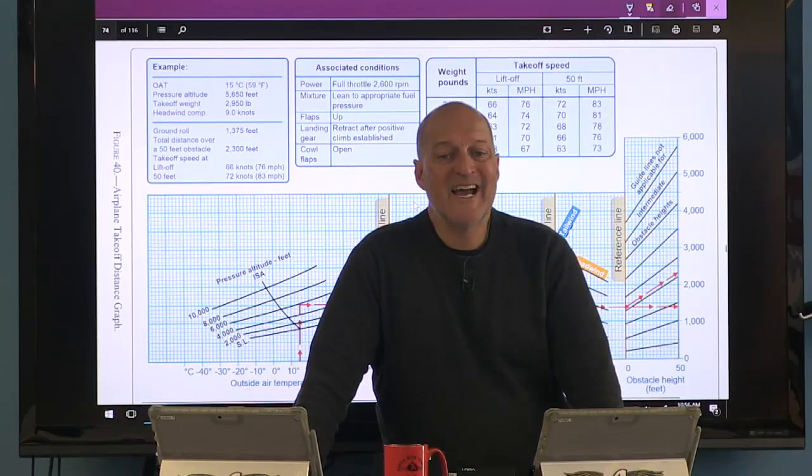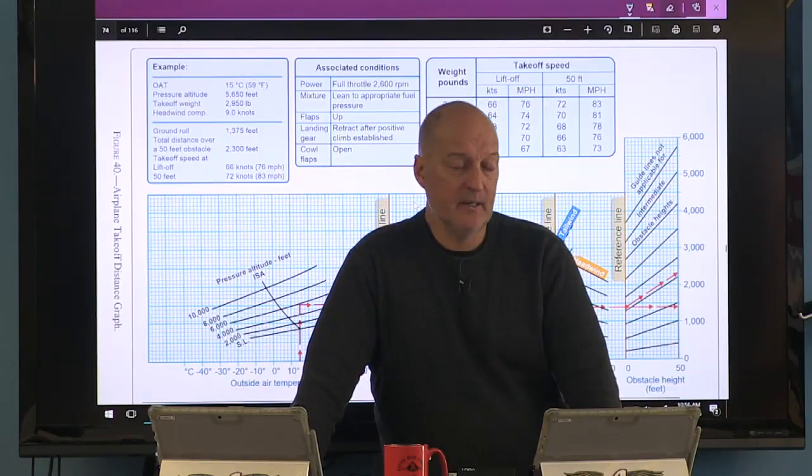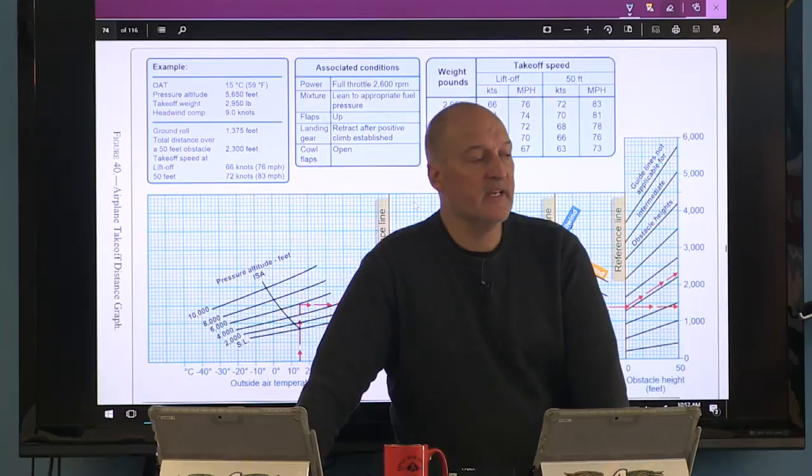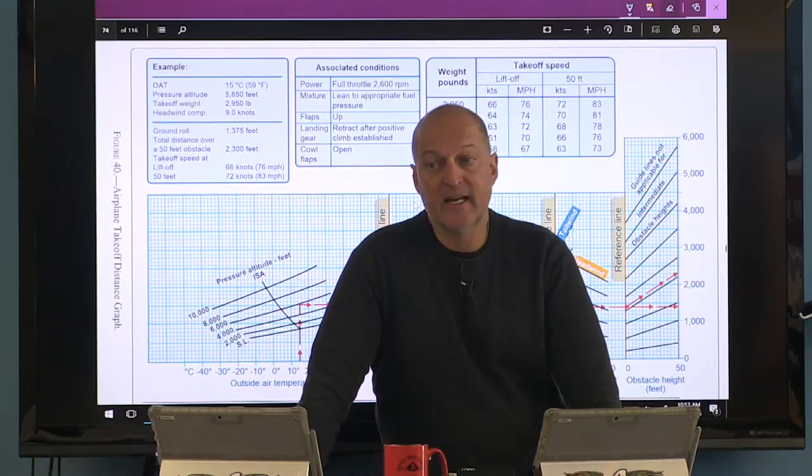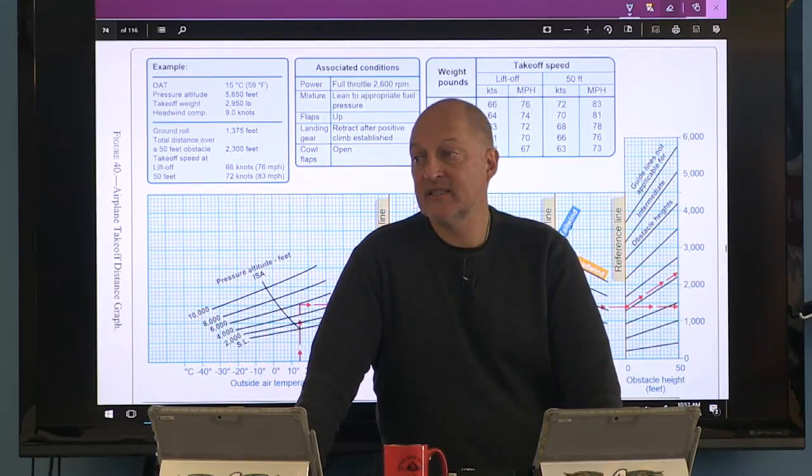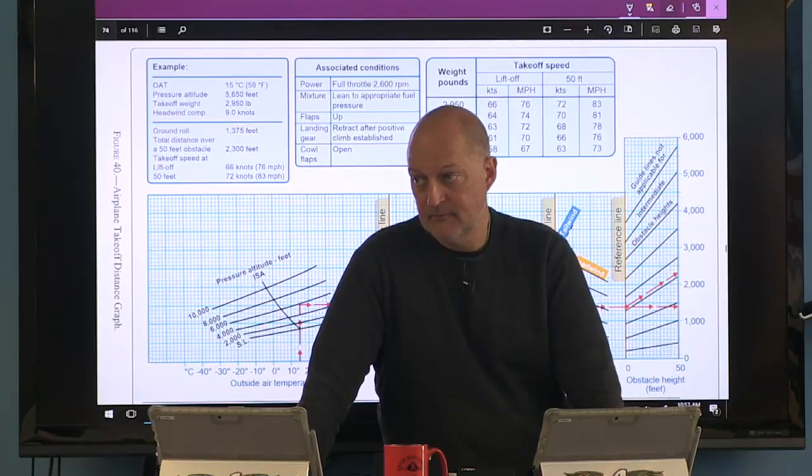Remember, when in doubt, on most of these performance things, as well as in most POHs and AFMs, they're going to give you an example. So if you get stuck on something, you can look at the example that they list on the figure, and that can get you pointed in the right direction on how to solve the problem. Capiche?